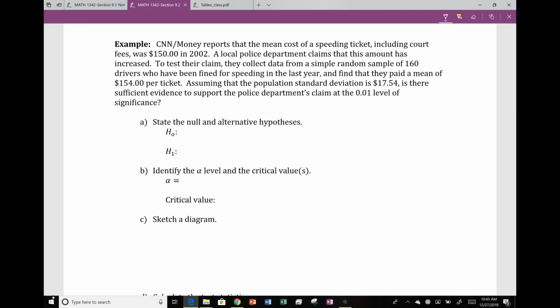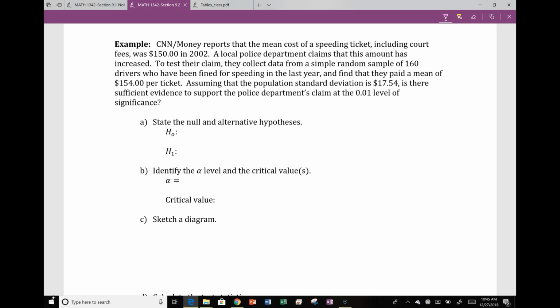Okay, so CNN Money reports that the mean cost of a speeding ticket, including court fees, was $150 in 2002. A local police department claims that this amount has increased. To test their claim, they collect data from a simple random sample of 160 drivers who have been fined for speeding in the last year, and find that they paid a mean of $154 per ticket.